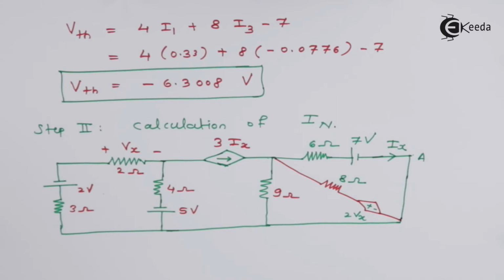So this is the original circuit, and I have converted it, this branch AB which I have shorted, and so converted it for the Norton's current.